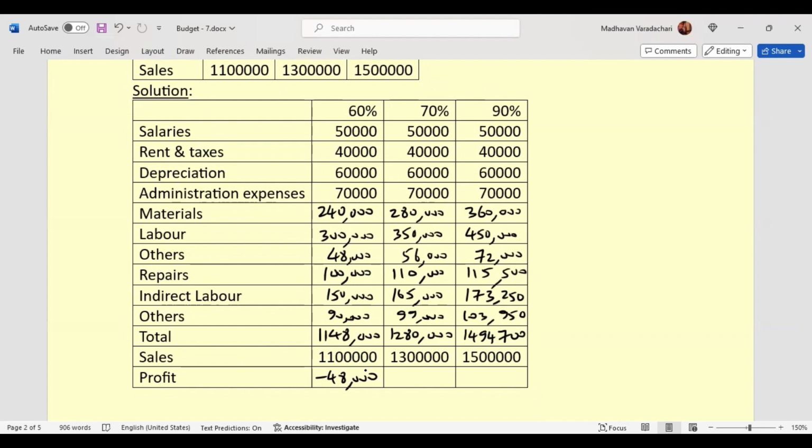Next one, 20,000 profit. The next one, 5,300. So that is the solution for this particular question.